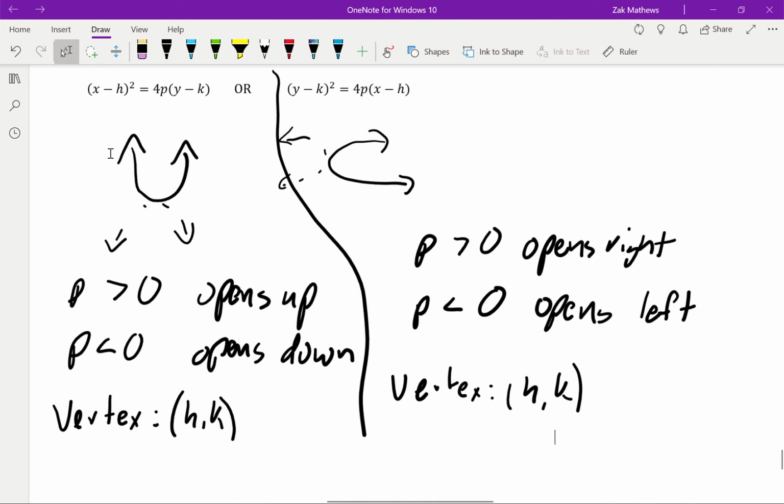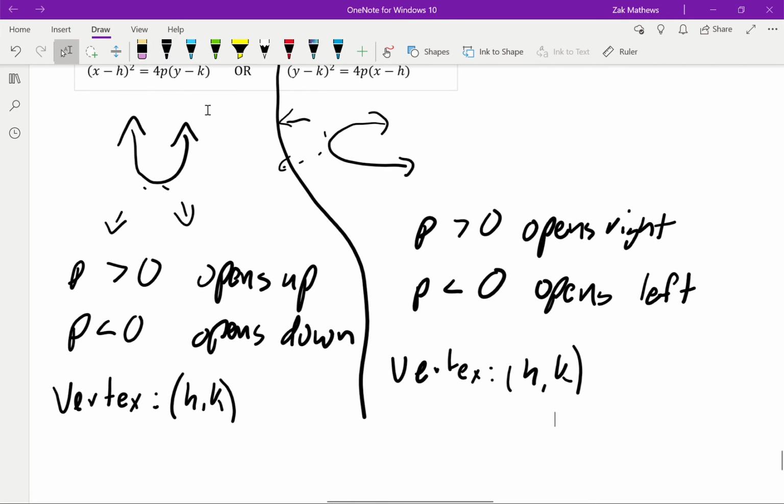Whenever we're putting something into the standard form for the parabola, we want the squared term to be isolated along with its x coordinate of the vertex or the y coordinate of the vertex. Everything else is going to be moved to the other side. So it doesn't matter what's on left or right in terms of the vertex, it matters what they're attached to. So the h is always attached to the x, the k is always attached to the y.